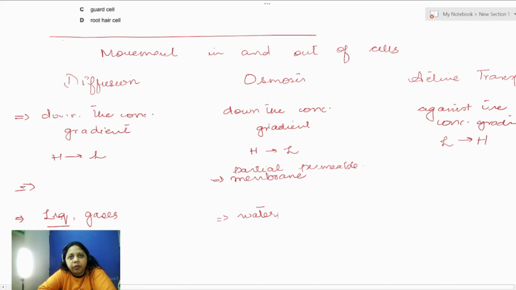We can talk about different liquids like liquid bromine, so there won't be any osmosis in liquid bromine. Osmosis is a word that we use specifically for water. And which type of molecules or particles move through active transport? Mineral ions.